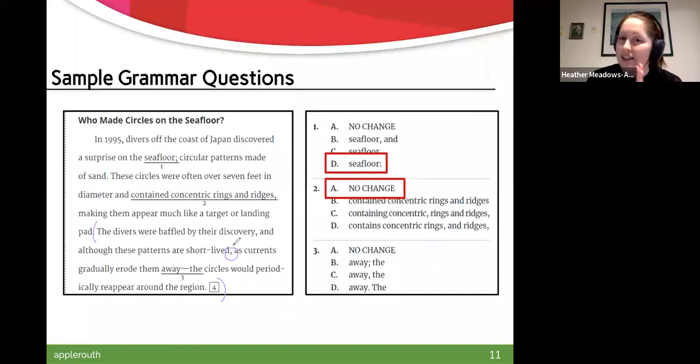So if it's something you can put in parentheses, then you want to make sure you're surrounding it with the same thing. Now, we could use a dash if this one up here was also a dash, but it's not, is it? It's a comma. So we need to make these match. This one needs to be a comma as well. Right there. So again, just think about how you work through these. A good knowledge of some grammar rules is a great way to work through these questions one by one.